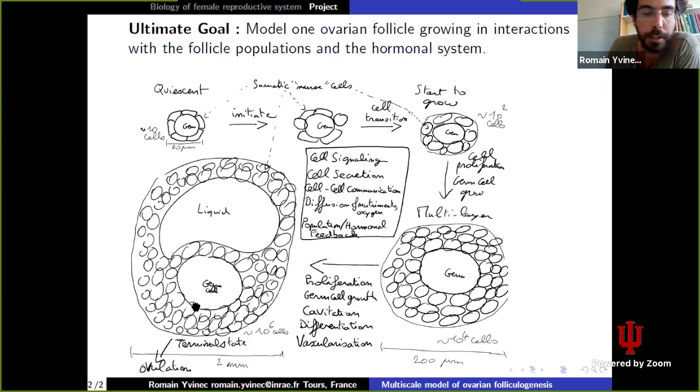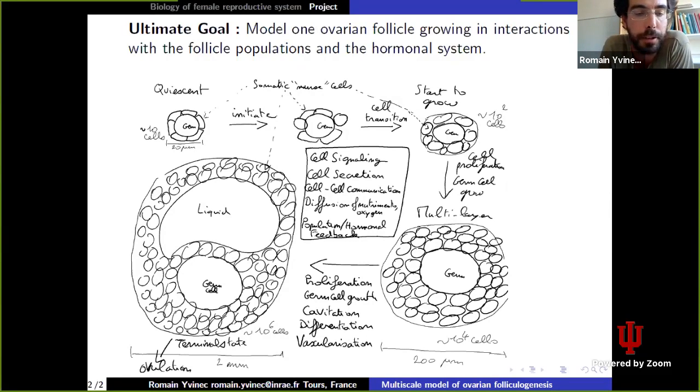But there is also an interesting step later, which is a cavity formation called the antrum in our field. It's a liquid-filled cavity that appears at a quite conserved diameter in all mammalian species, around 200 micrometers. This cavity plays a very interesting role to support the growth and proliferation of somatic cells.